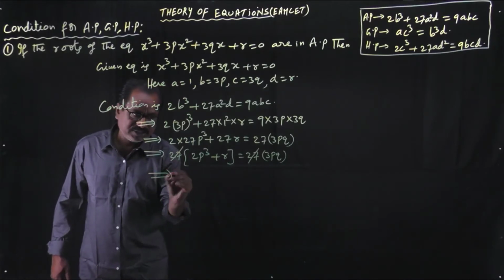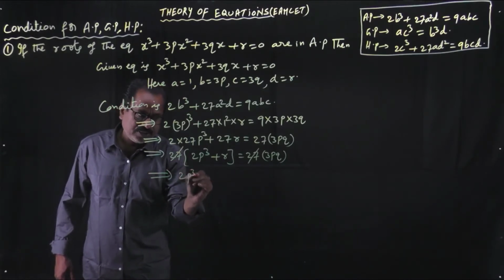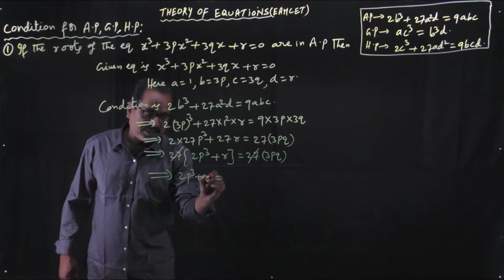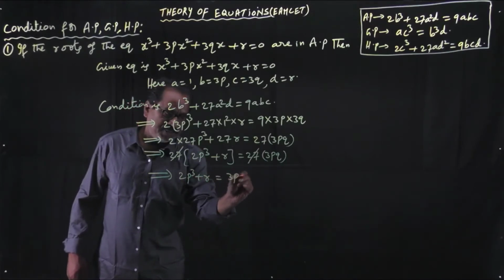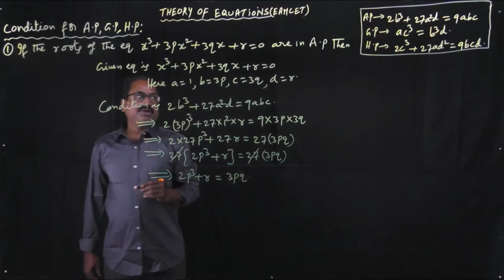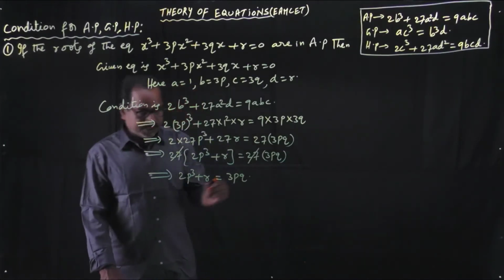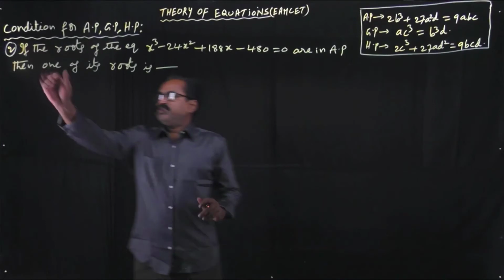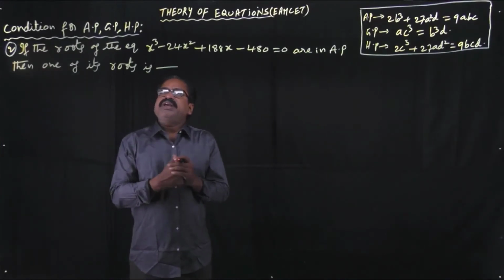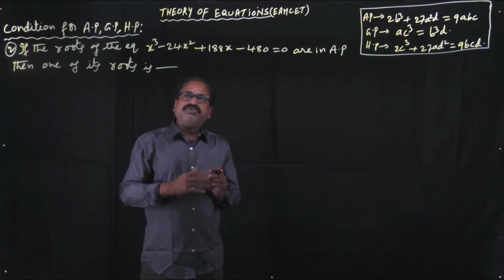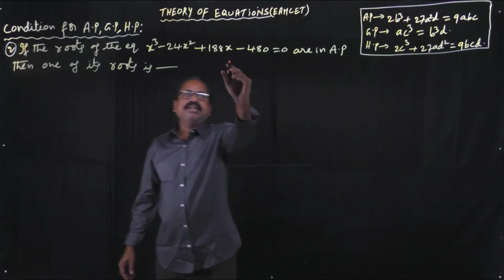The required condition is 2p cube plus r equals 3pq.